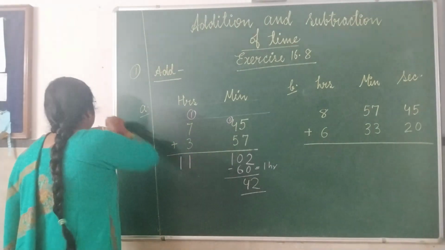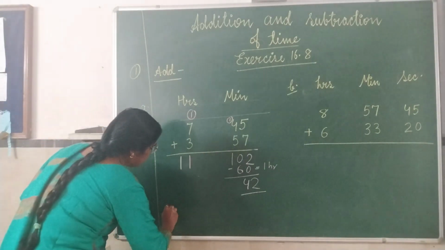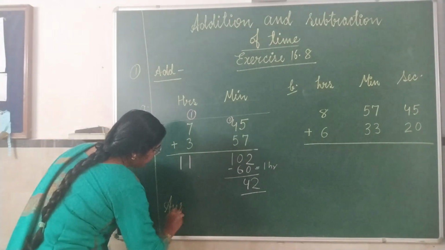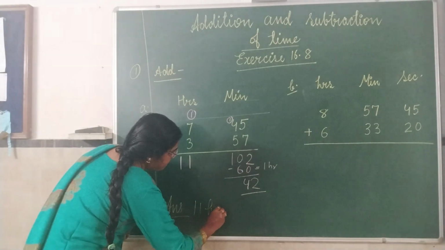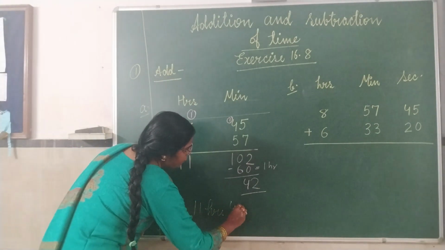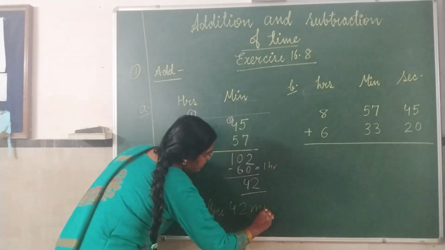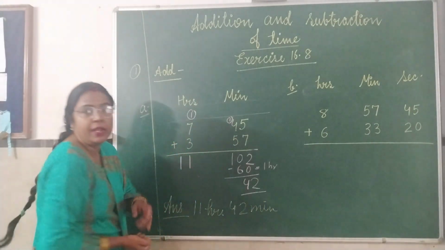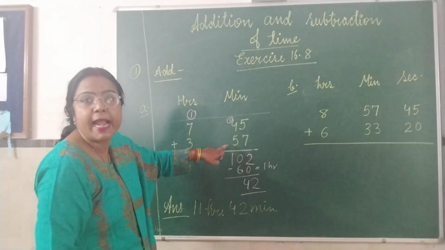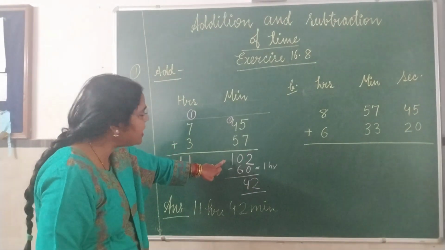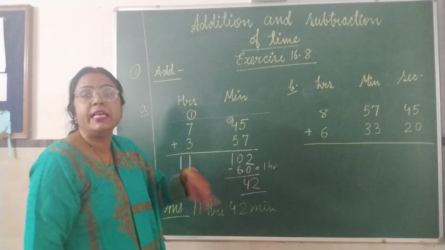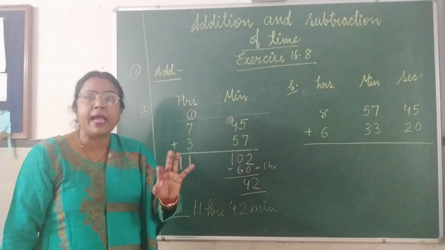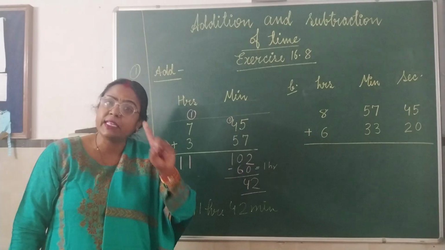Okay, now what is the answer? At the last it is important to write the answer, and the answer is 11 hours and 42 minutes. I am repeating again what I did. First I added the minute part. After adding the minute part, I got 102. 102 is more than 60, since we know that 1 hour is equal to 60 minutes.